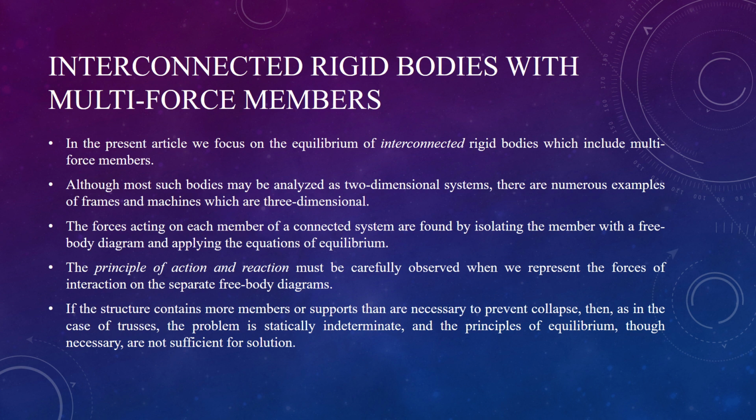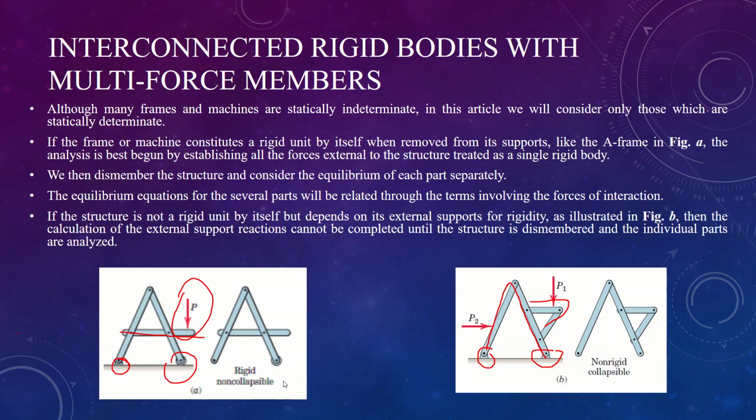Now, if the frame or machine constitutes a rigid body, a rigid unit by itself, you can say a frame is considered rigid by itself when removed from its supports, as shown here in figure A. In this frame, the analysis begins by treating all the forces external to the structure as acting on a single rigid body. We then dismember the structure and consider the equilibrium of each part separately.